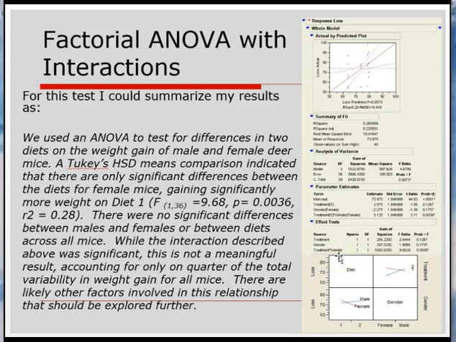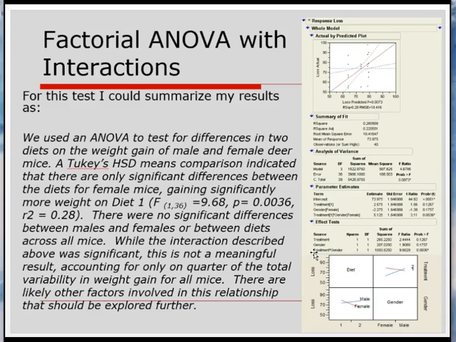Because again, remember, we're not necessarily trying to build a model here with the factorial analysis of variance. We're trying to test whether or not these different variables are significant, whether or not they are meaningful, and so that's where that individual r squared would come from for each of these different treatments. And then also whether or not the significance and how meaningful these differences are depends on some interaction.